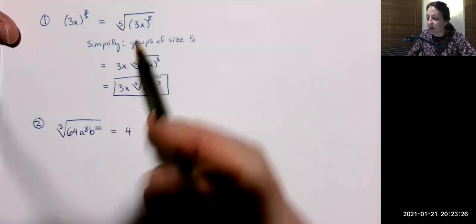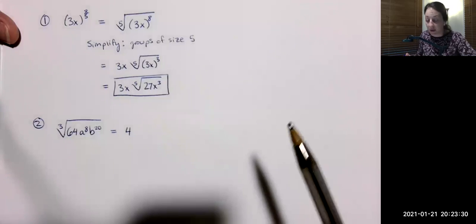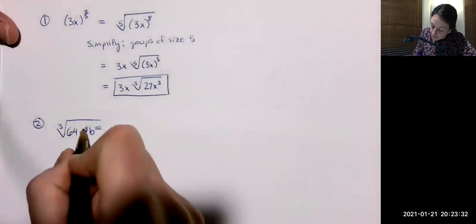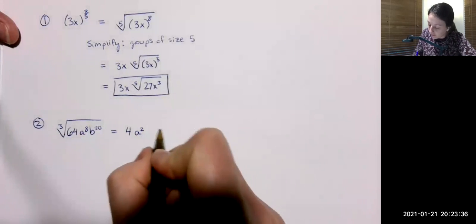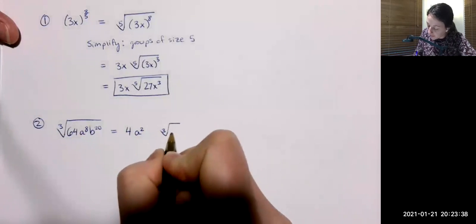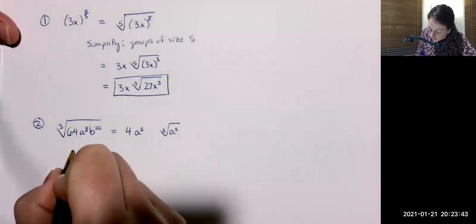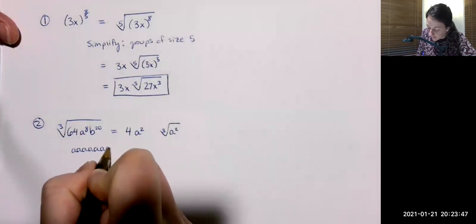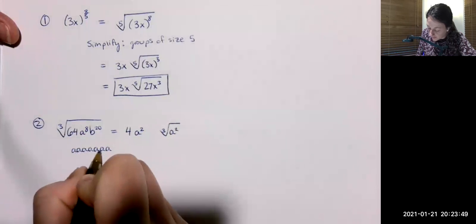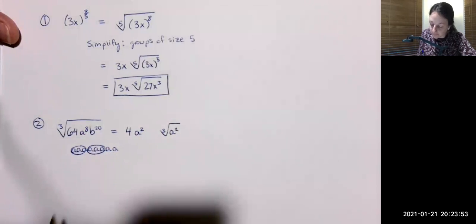Well, that's the same thing that we had in number 1. I need a group of size 3. So cube root of a to the 8th, I've got 2 groups of size 3 with 2 a's left over. So a couple of ways you can go about this. You can write out 8 a's, 1, 2, 3, 4, 5, 6, 7, 8, and circle groups of 3.